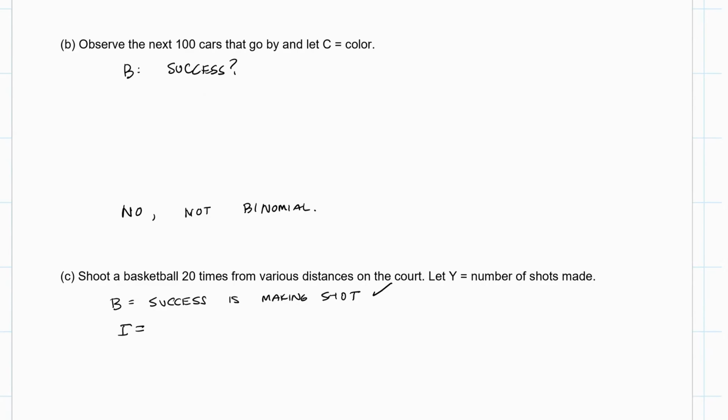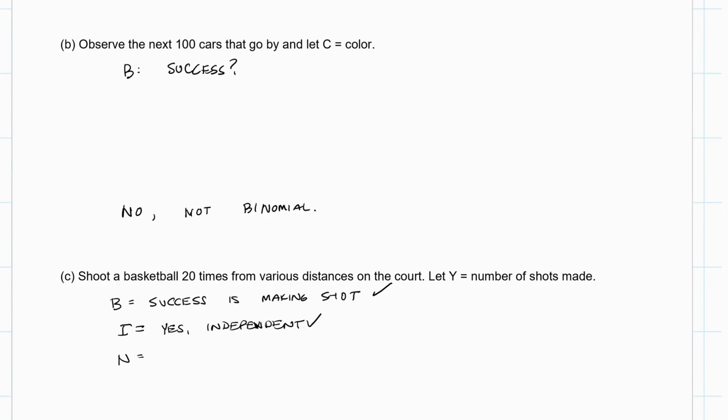Is every trial independent? Well, I'm not sure we can say that every single shot that you take with a basketball is independent. You learn a little bit of every shot. But for the sake of argument for this particular problem, we're going to say yes, independent, that later shots are not influenced by earlier shots.